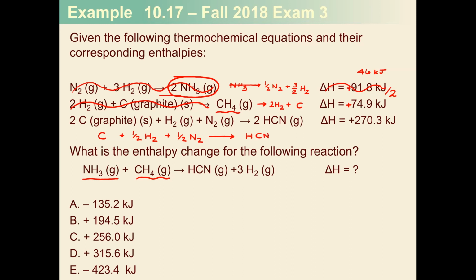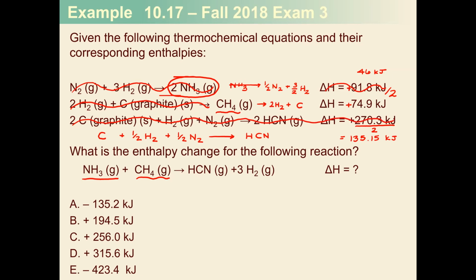So if I have divided by 2, that means that my energy must be divided by 2 as well, and that should give me a delta H of 135.15 kilojoules.